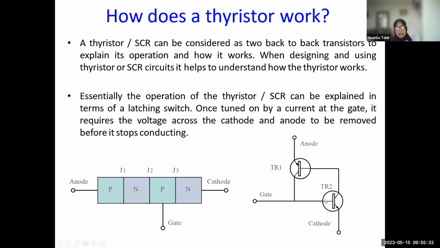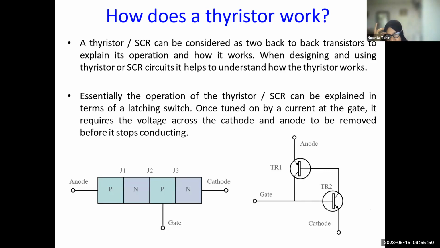This will cause the current to flow in the base, and this will cause TR2 to turn on. Once TR2 is on, this pulls down the base of TR1. Remember, TR1 is up here, the base is connected to the collector of TR2.